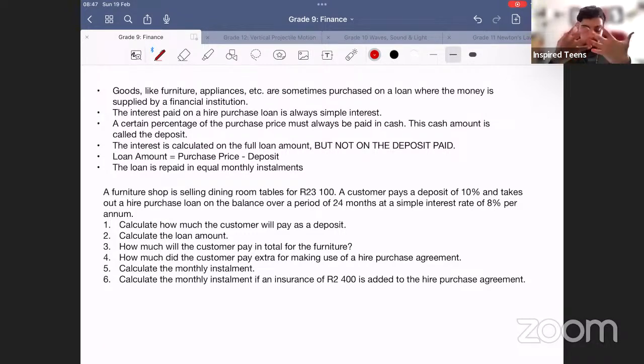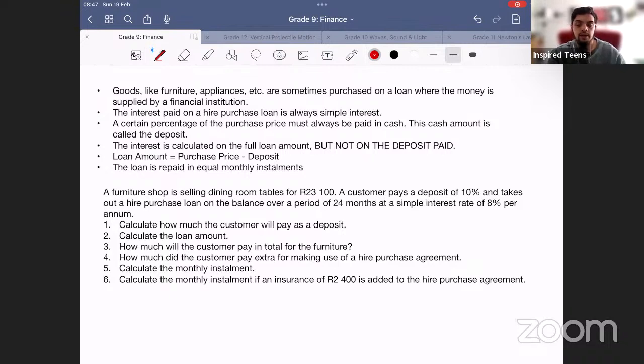Okay, so let's just explain this. A hire purchase loan is basically, just say you go to the shop, like Game or something, and they offer you a TV costing like 10,000 Rand, but you don't have 10,000 Rand cash on you, but you want this TV. So they offer you something called a hire purchase loan, where they say, okay, listen, this TV costs 10,000 Rand. We can offer you to pay it over in monthly installments.